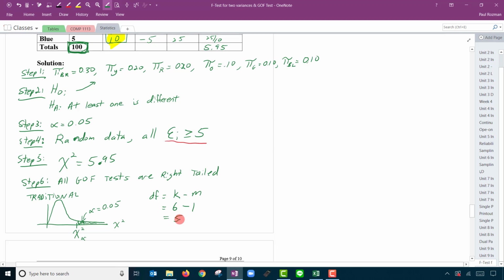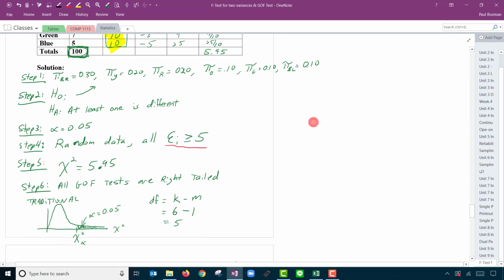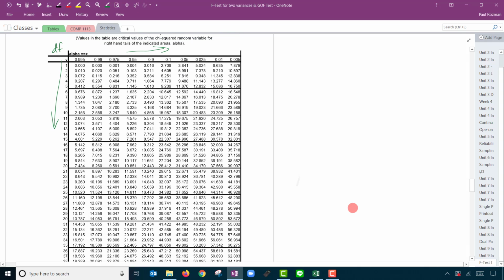So we have degrees of freedom of 5, and we have a probability of 0.05. We can go back to our chi-square table. Degrees of freedom are 5. Our probability was 0.05. So our test statistic is 11.070. Sorry, that isn't, I say that often, I think.